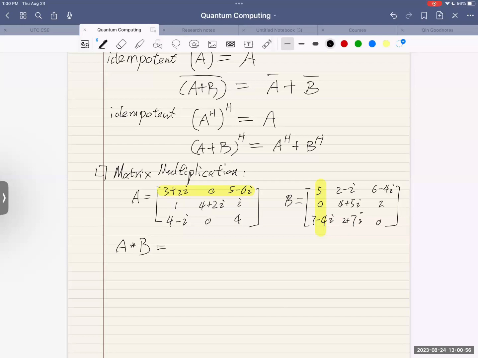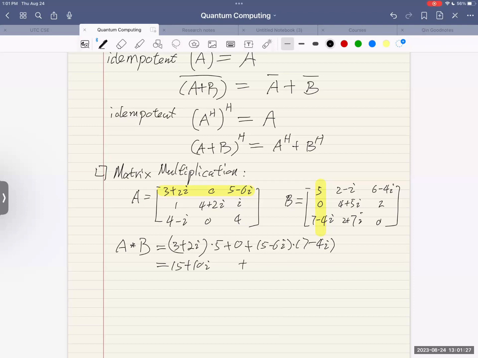Sorry. 3 plus 2i times phi plus 0 times 0 plus phi minus 6i times 7 minus 4i. Interesting. Okay, this will be 15 plus 10i. And that's 0. We can just ignore it.